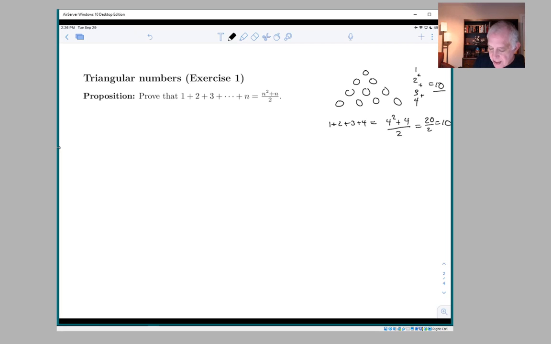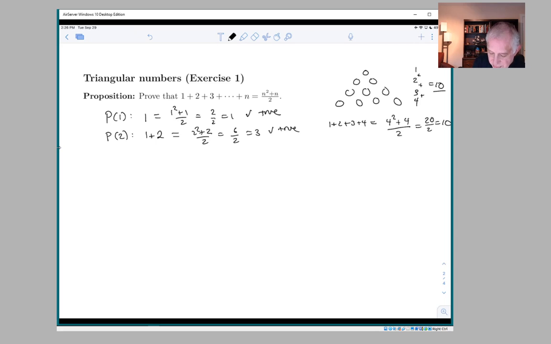And if we want to prove this by induction, let's first work out what the various statements are. So P of 1 is the statement that 1 equals 1 squared plus 1 over 2, which is 2 over 2, which is 1, which is true. P of 2, just for the sake of getting things right, is 1 plus 2 equals 2 squared plus 2 over 2, which is 6 over 2, which is 3, and that's true.